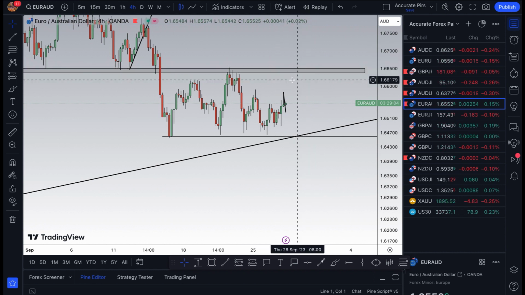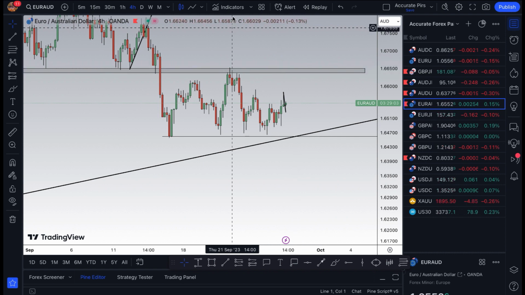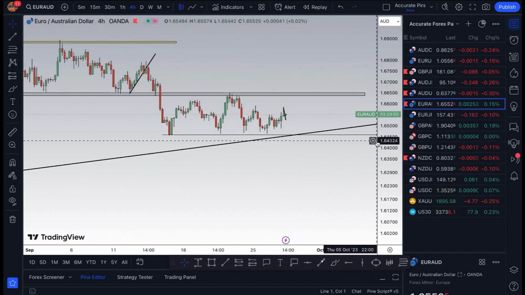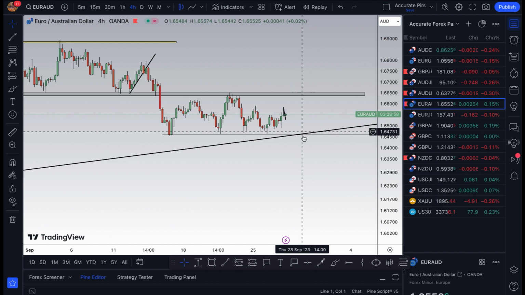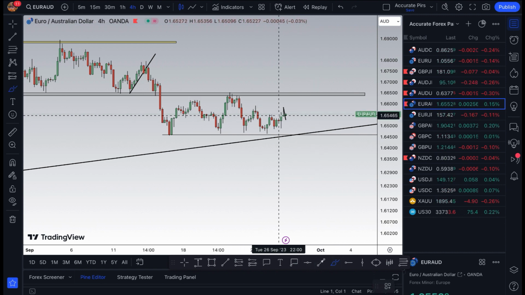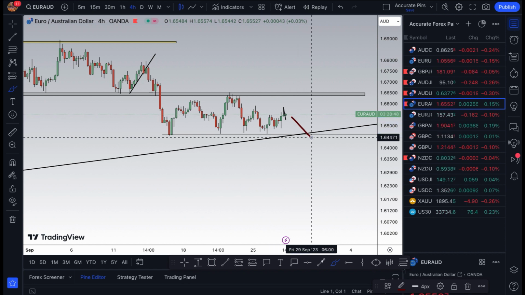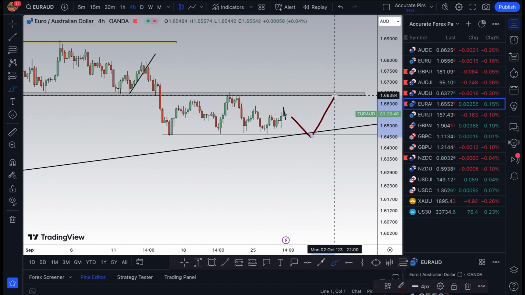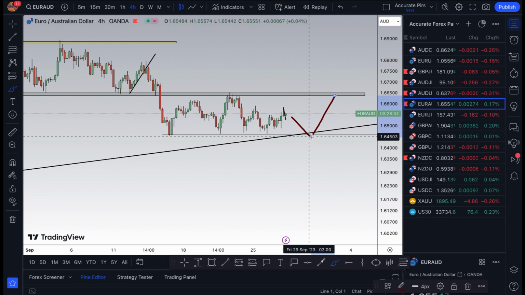So if we can get a close back above this price level here, then I will look to place that buy trade. But for now, if the market does push back down towards this level, touching the trend line or this support level, then I will also look to place a buy trade. So if we get a touch here and then push back up to here, then we'll look to buy it when the market gets to this level here.